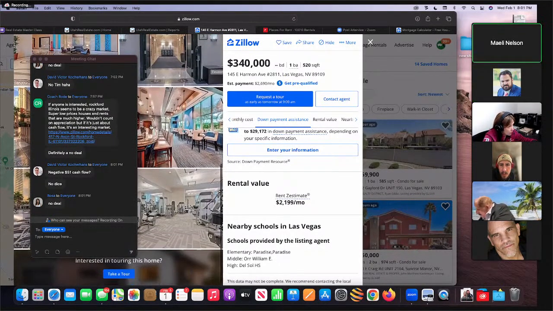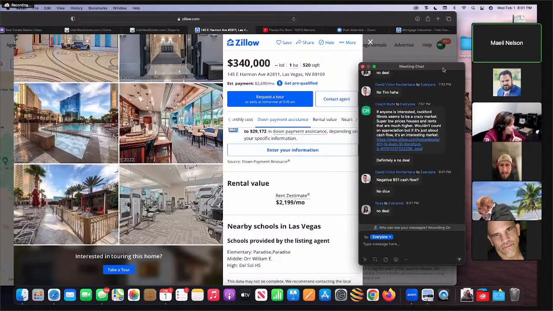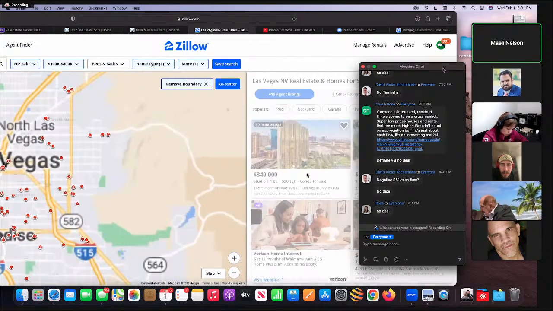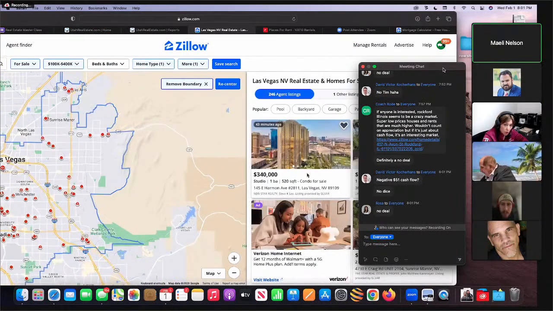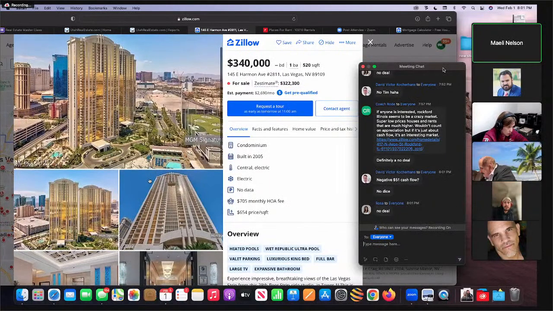Oh yeah, there's a bar and lounge, workout facility. 45 seconds left.